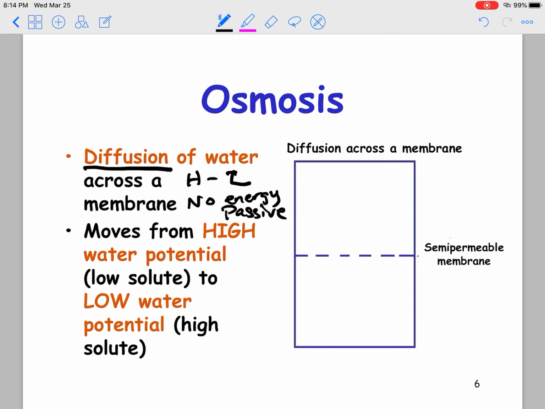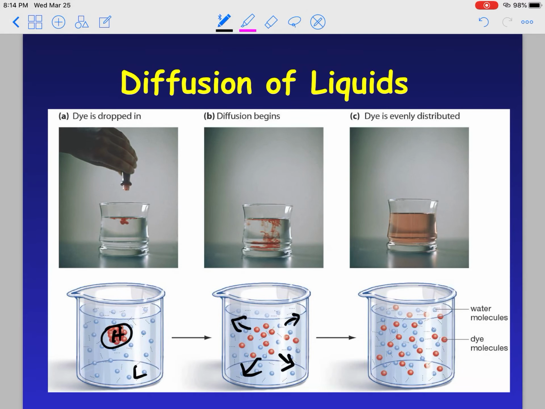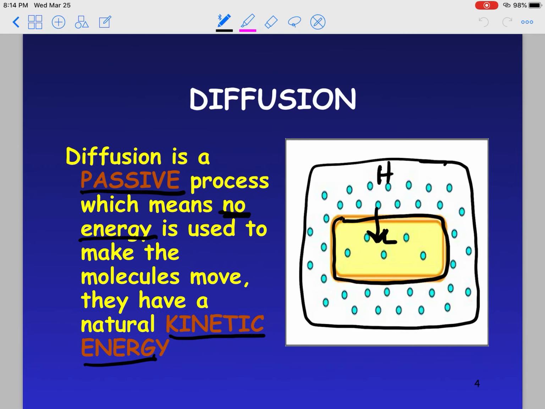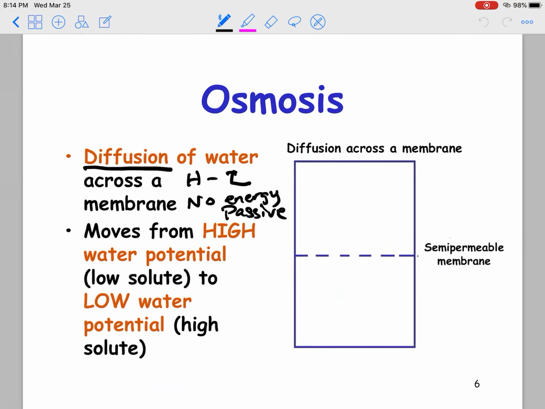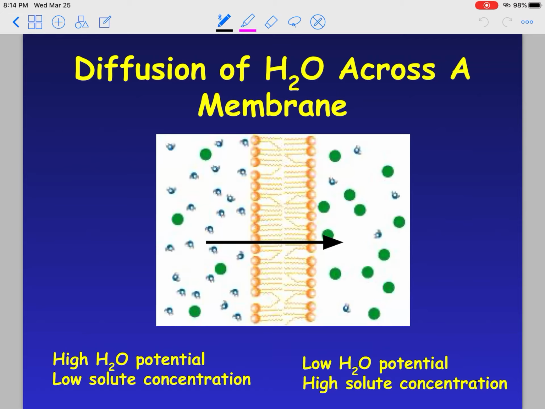But what we're looking at is not just the diffusion of any molecule like we saw over here. This could have been salt, this could have been sugar, it could be any kind of molecule that was moving across the cell. But in osmosis, the water is what's moving. So the water moves from high to low. And hopefully this will make more sense in just a minute.